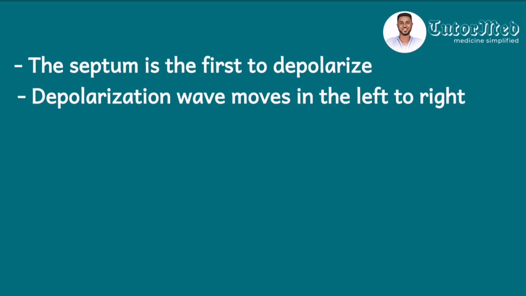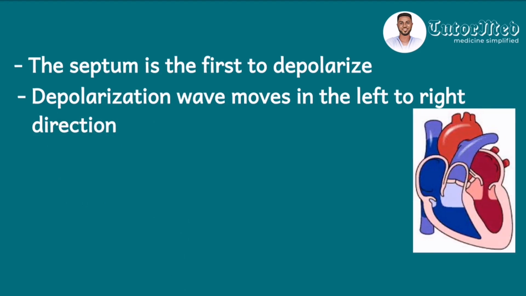In other words, it moves in the left to right direction. Let's illustrate this. This is the heart, and that is the septum, which separates the right ventricle from the left ventricle. What you are saying is that the depolarization wave through the septum moves from the left to the right, as indicated by this arrow.